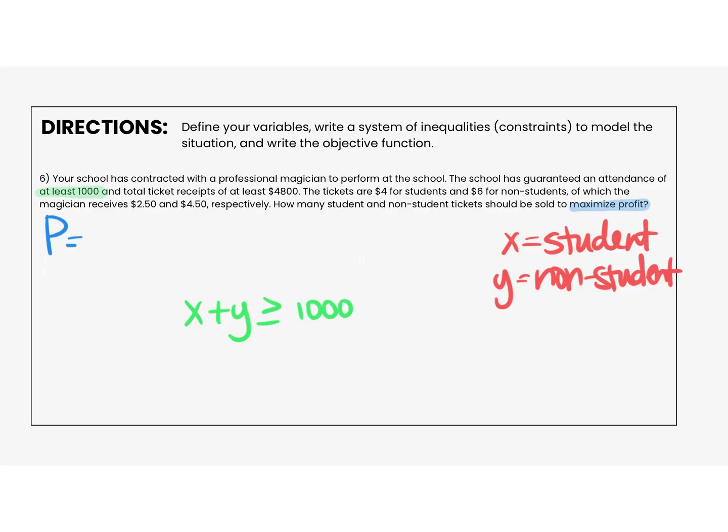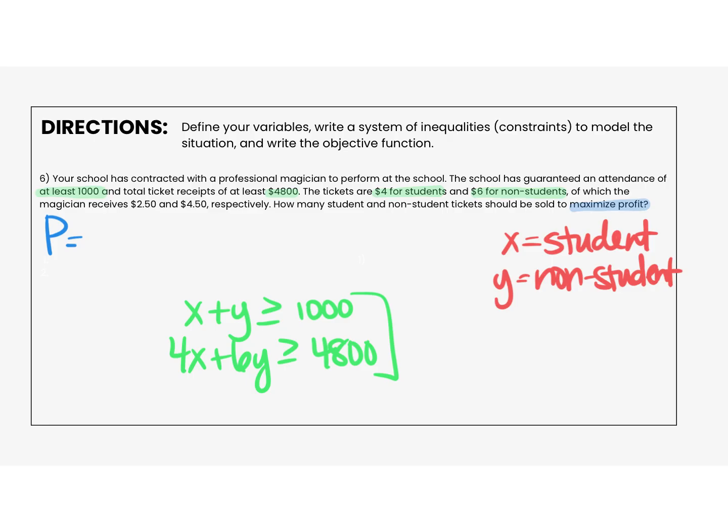And then tickets are $4 for students, $6 for non-students, and total ticket receipts need to be at least 4,800. So again, I'm going to do 4x plus 6y, and at least translates to greater than or equal to 4,800. There's my two constraints.